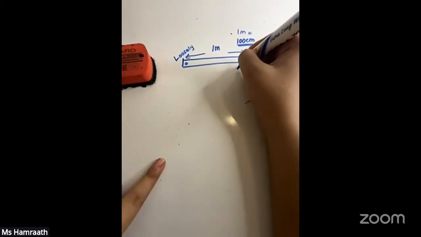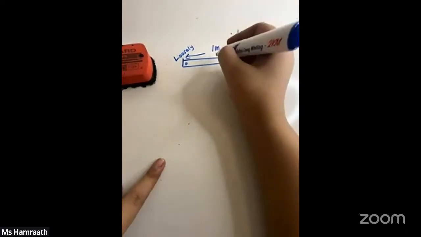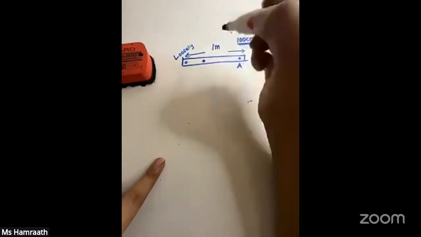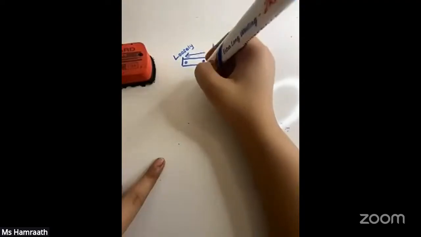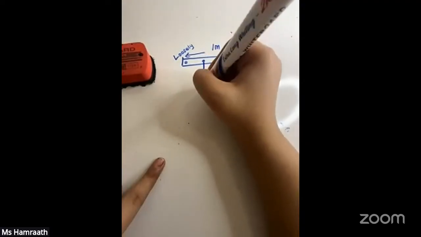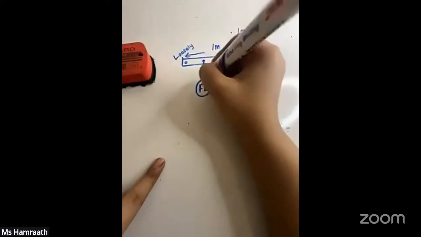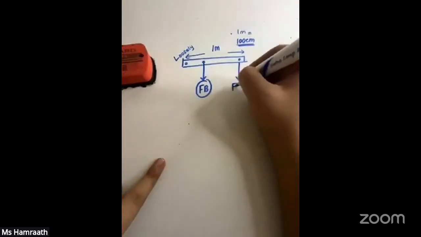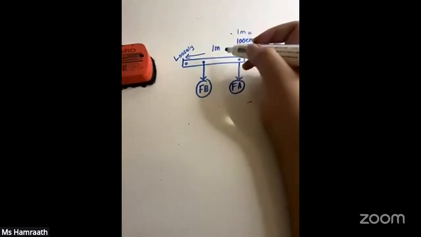Let me mark this as A. And you are going to apply a force from this edge, closer to the axis of rotation. Let me mark this as force B. That means I'm applying a force at A and a force at B.